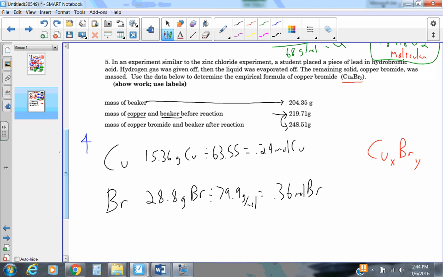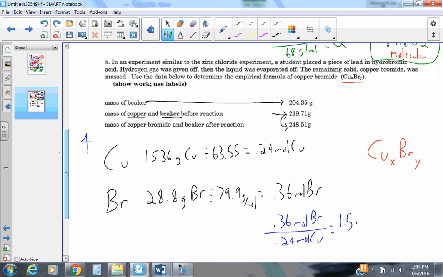I look at those numbers and it's not very apparent how they compare. Is one of them twice as big, 3 times as big, 4 times as big? I'll do a mole ratio. Big number on top, 0.36, and that happens to be bromine or bromide. Little number on bottom, 0.24 moles of copper, and that's going to equal 1.5. That's not a whole number.